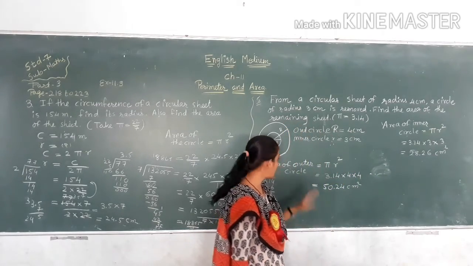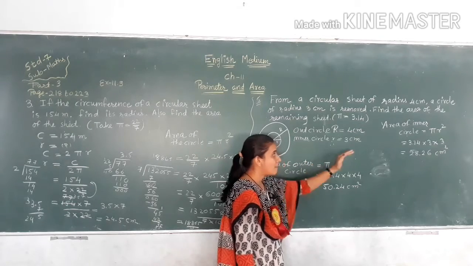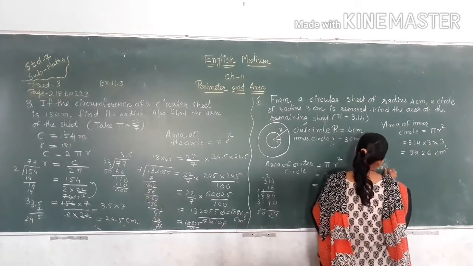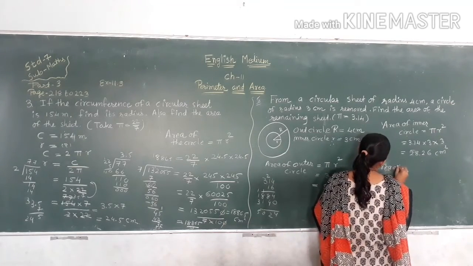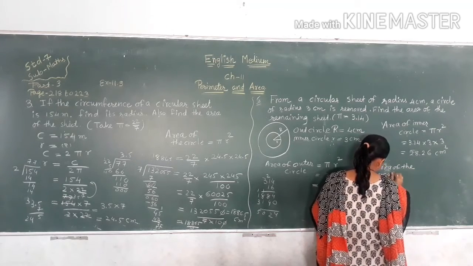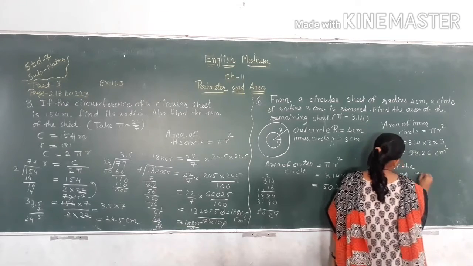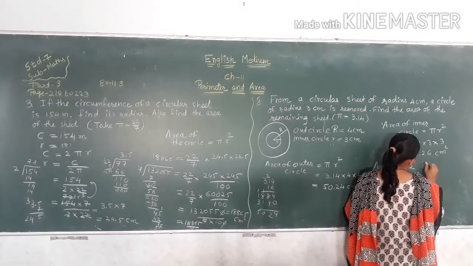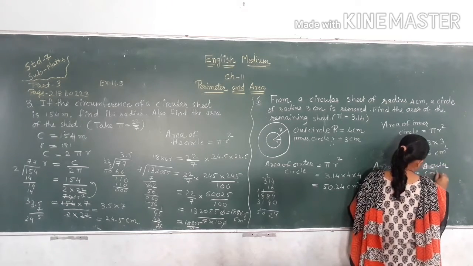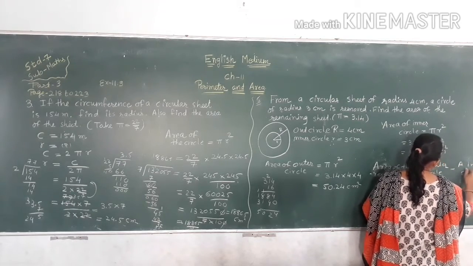Area of the remaining sheet is equal to area of outer circle minus area of inner circle.